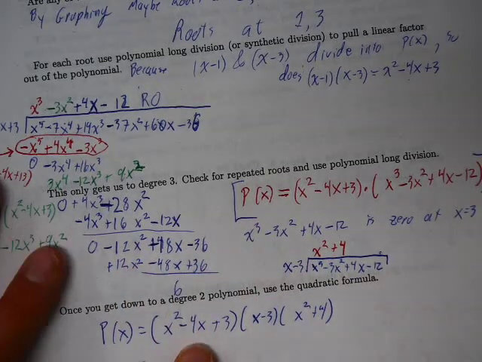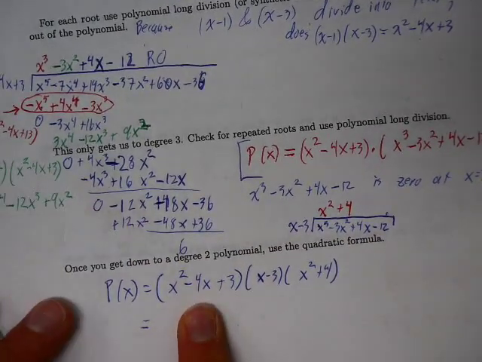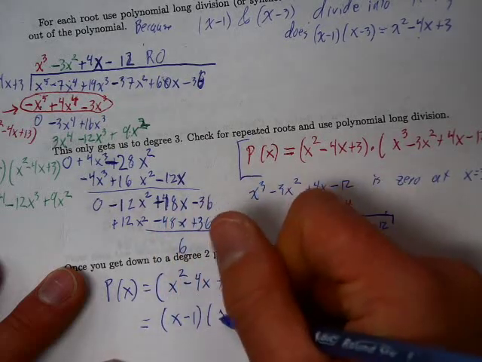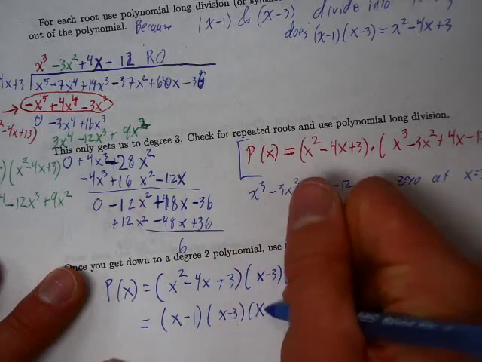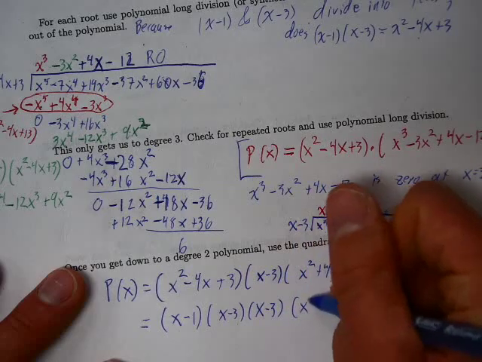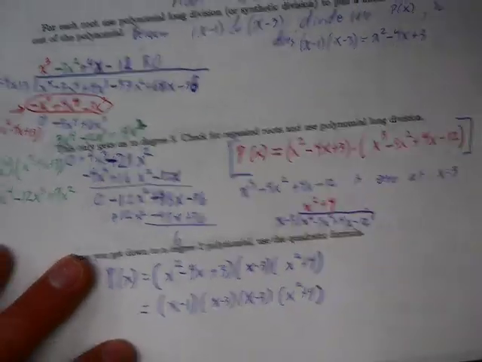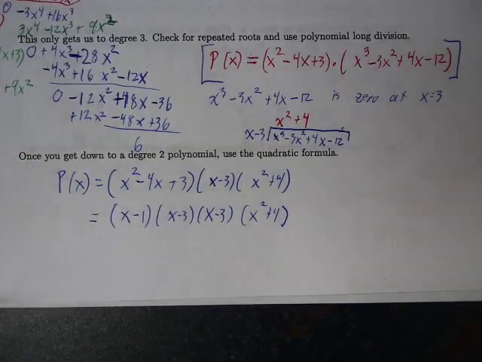But I know how this piece factors because I got it by literally multiplying together two things. So x minus 1, x minus 3, x minus 3, x squared plus 4. So there is p of x.